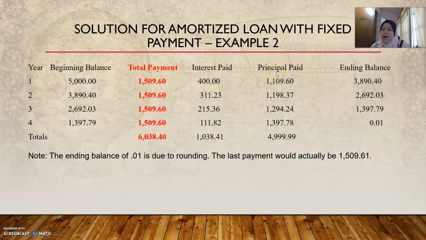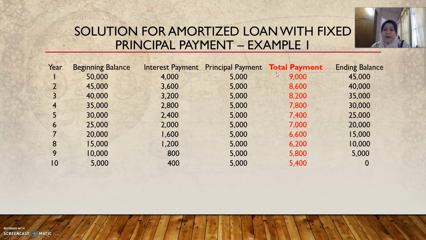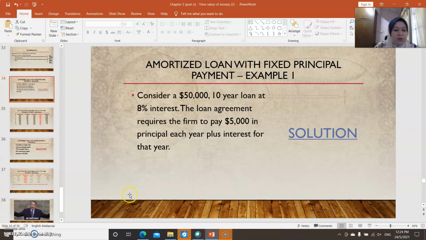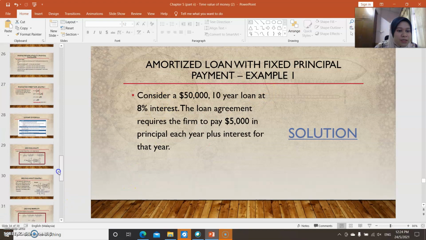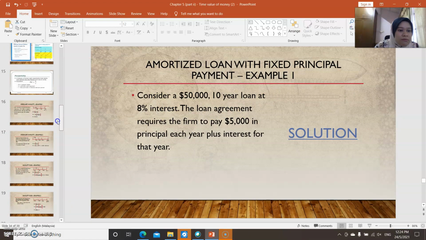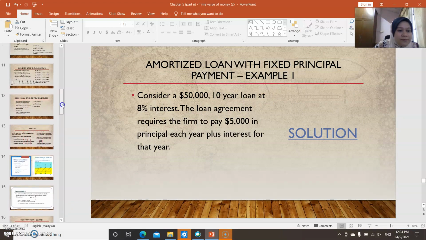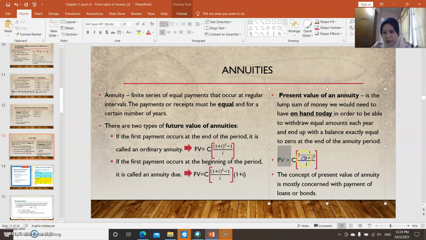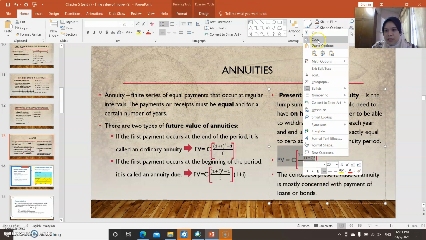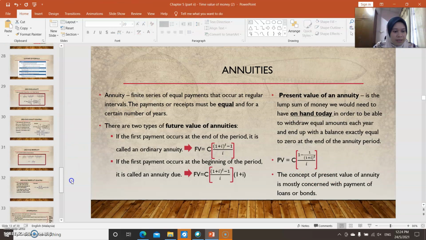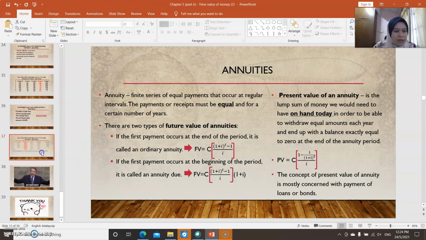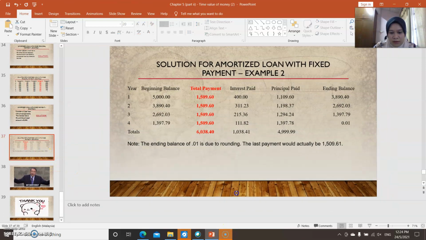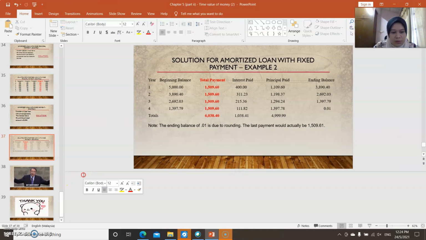So you need the formula for present value of annuity. Take the formula for the present value of annuity and put it inside the one that we need to solve. So this is the formula for present value of annuity.